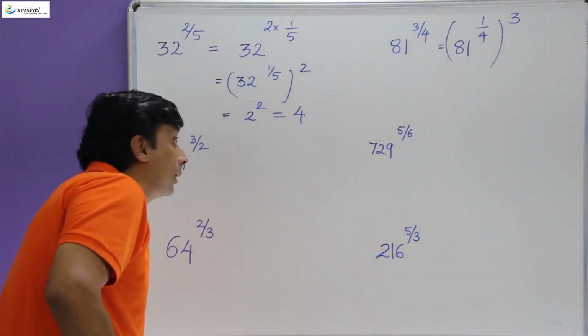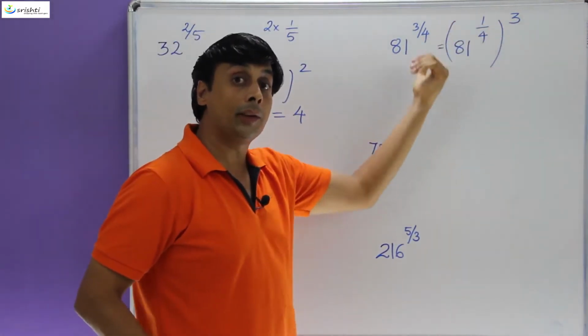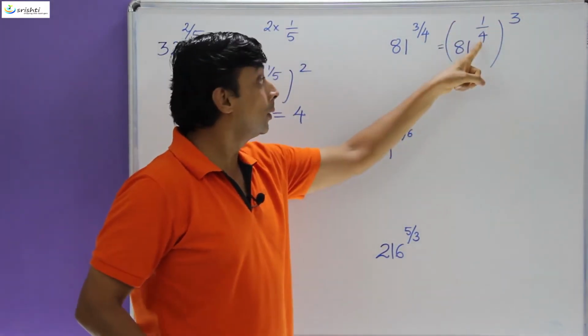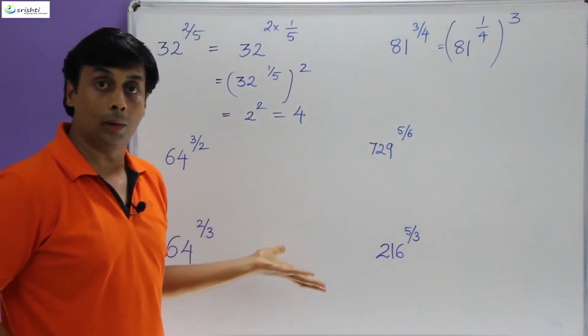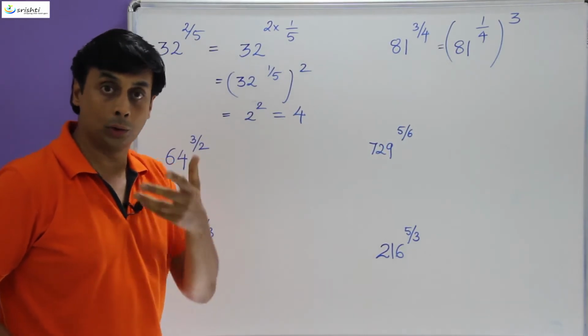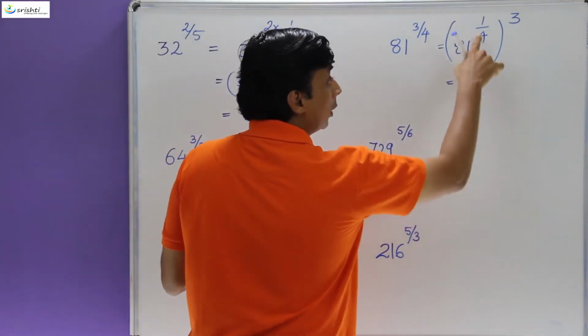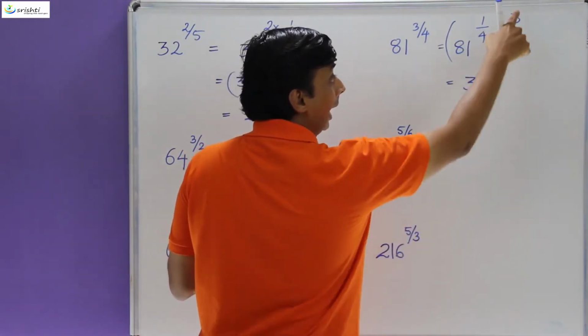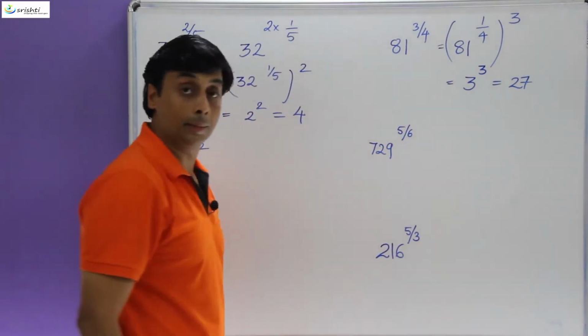I have split this 3 by 4 as 3 into 1 by 4, of which I have taken the 1 by 4 inside. This means the fourth root of 81. So again you prime factorize 81 and make groups of 4. If you do this in your notebook, you will get this answer as 3. So 81 raised to 1 by 4 is 3, and then we have a power of 3. So 3 cube is 27.